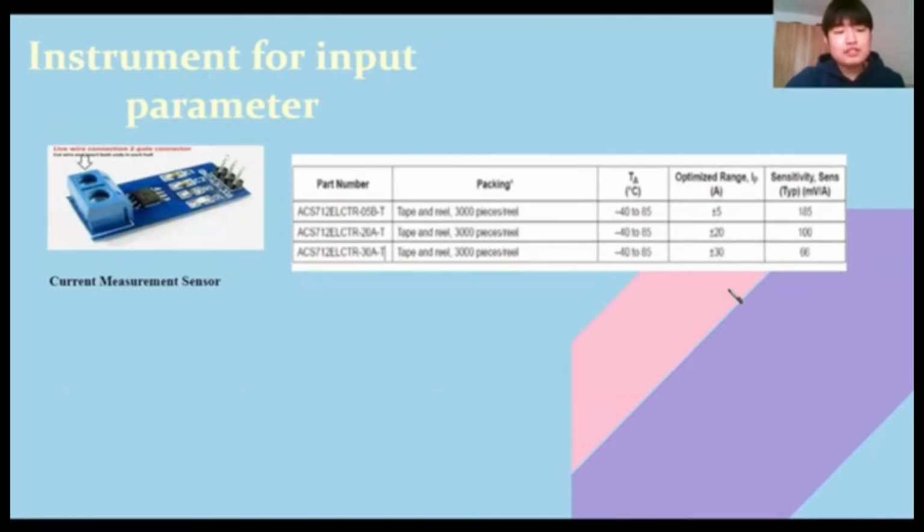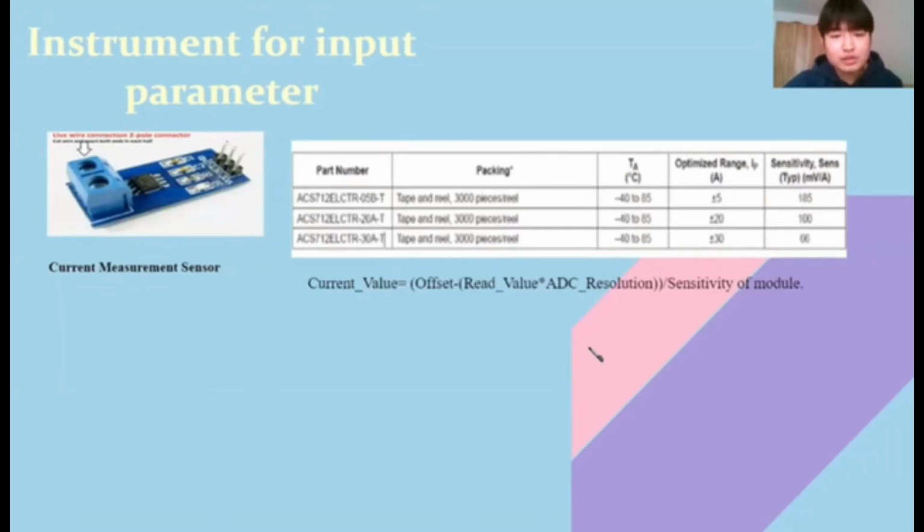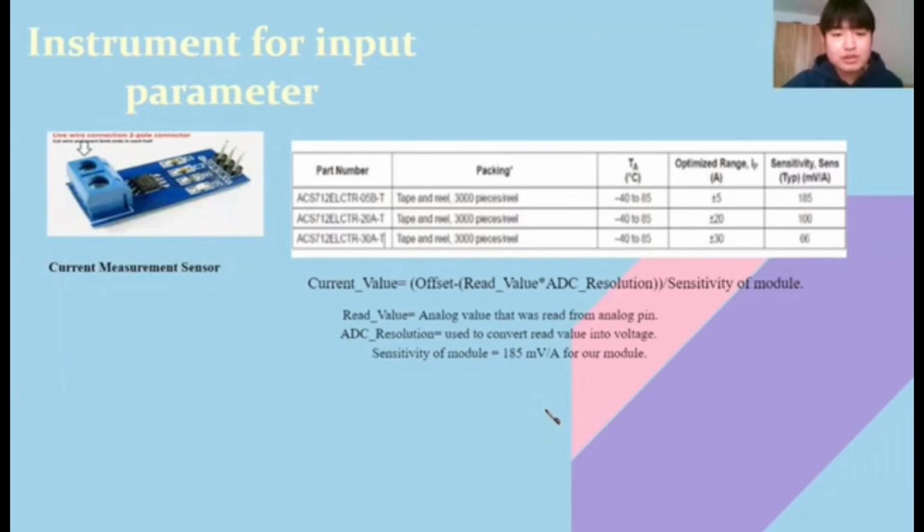Now, to convert this output voltage into current value, we will use this formula. Current value equals offset minus read value multiplied by ADC resolution, divided by sensitivity of the module. The read value equals the ADC value that was read from the analog pin.